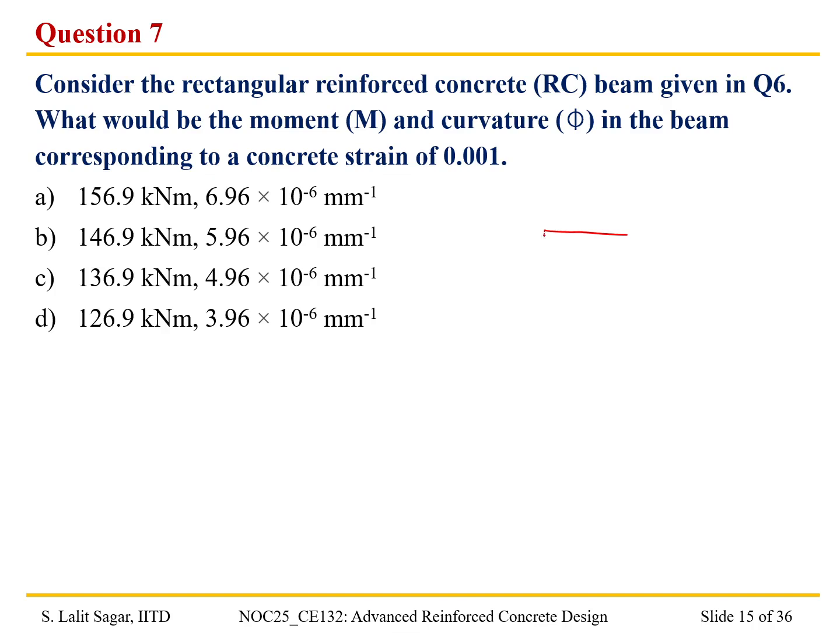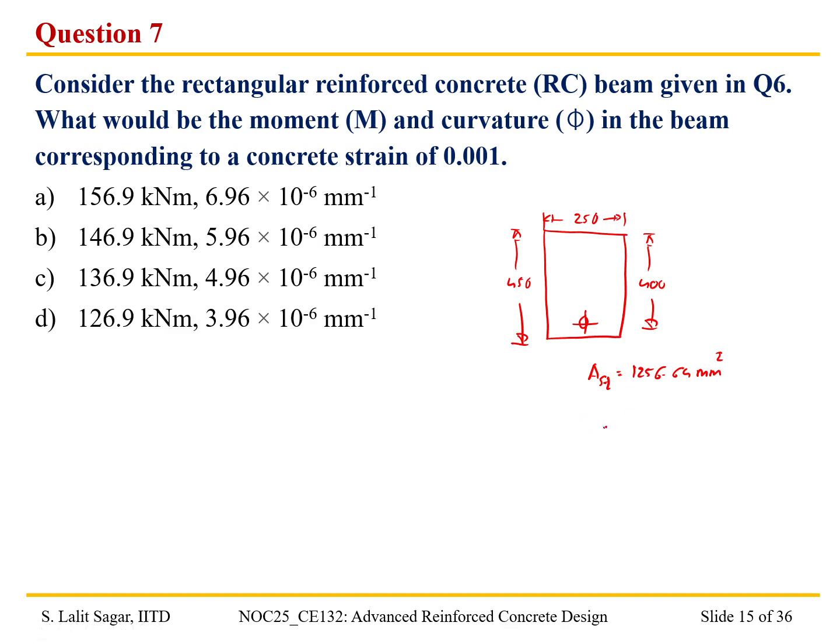As I mentioned previously, the width of the beam is 250 millimeter, the overall depth is 450, and the effective depth is 400 millimeter. And we know that Ast is 1256.64 mm square.